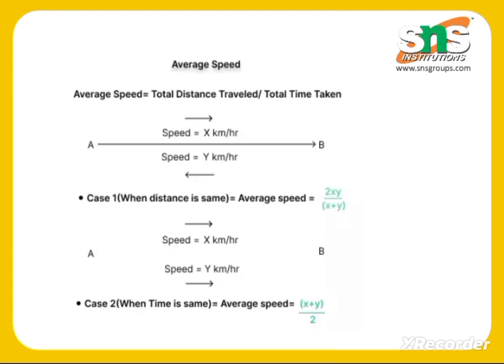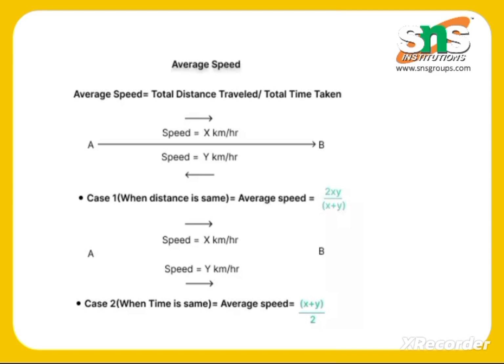Whenever the time traveled is the same, you will have x plus y by 2. So this is how you will find the average speed based on constant distance and constant time.